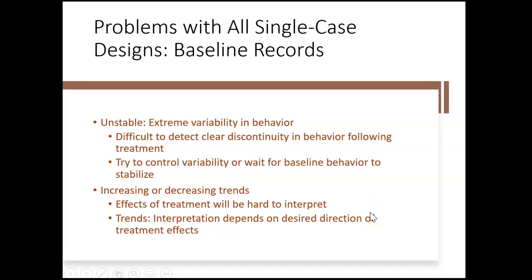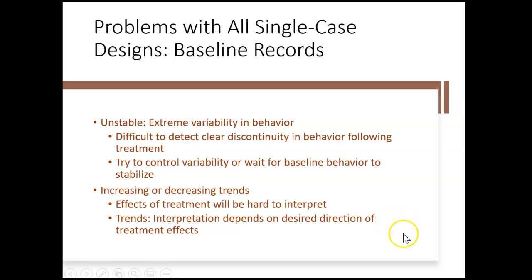Also, if you're trying to interpret increasing or decreasing trends in a particular behavior, the effects of a treatment can be hard to interpret if you're not seeing a really, really clear pattern. The images that I've shown you in this presentation, it's obvious what's happening and it's very easy to interpret. In real life, that may not always be the case, especially if you're dealing with real people.